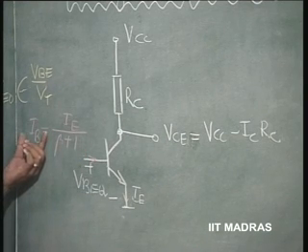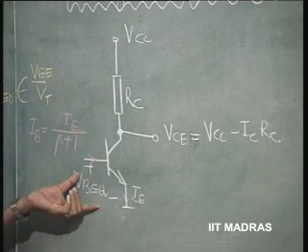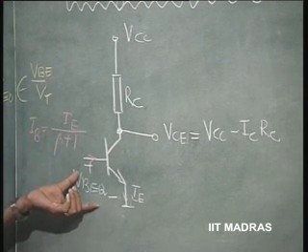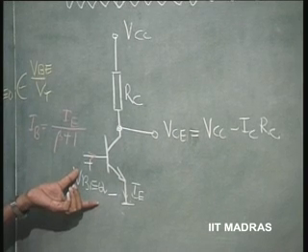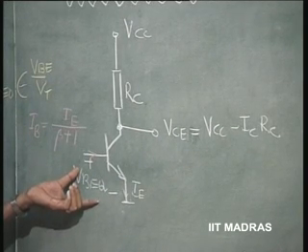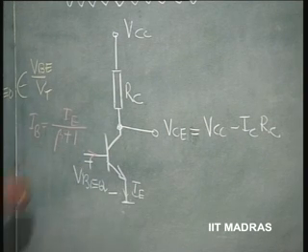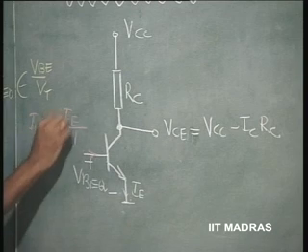It is easier to do this than to find out what VBEQ is, which we found out as about 0.632. If it is even different from this by about 1 millivolt, current will be drastically different. So, we will fix the current of this as IE by beta plus 1.